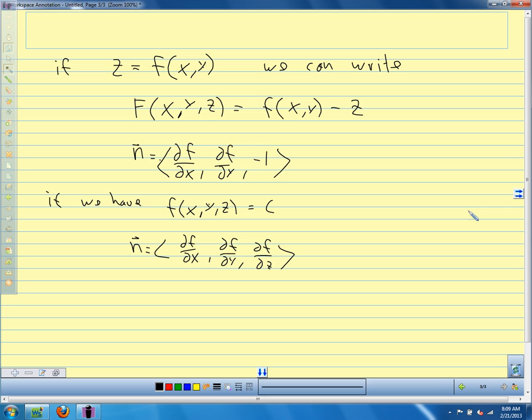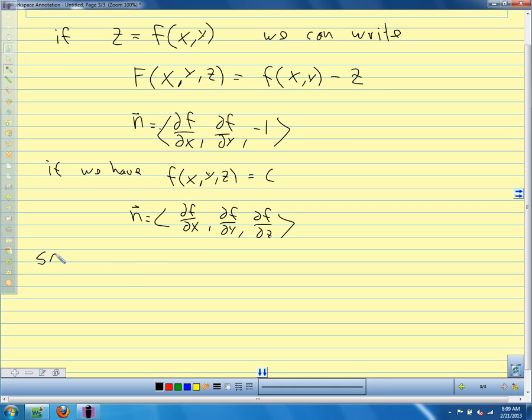We know that n is normal to our tangent plane. So at some point P0, where we have x0, y0, z0, and you don't have to memorize this equation, but this is how it works.